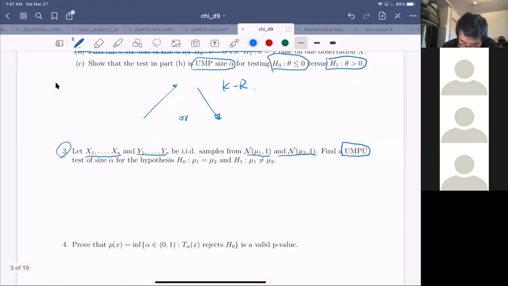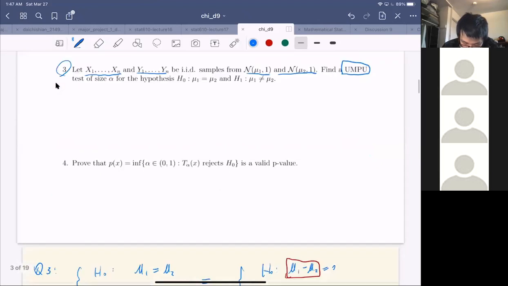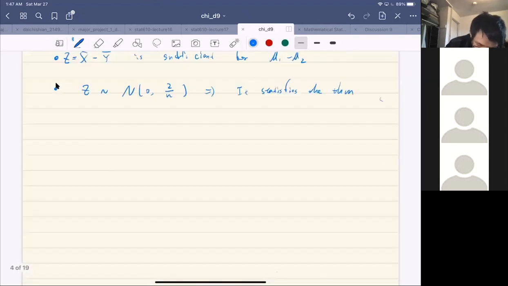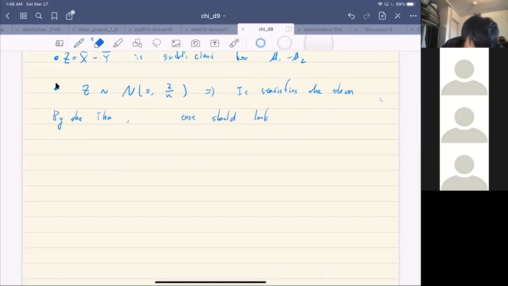Now we want to find, by the theory, the test should be the UMPU test. It depends on two variables, C1 and C2.